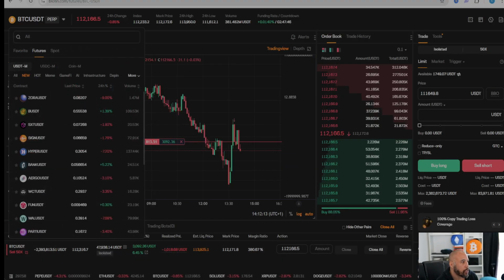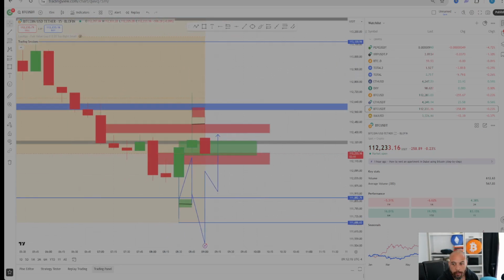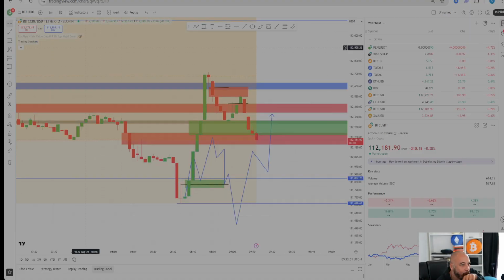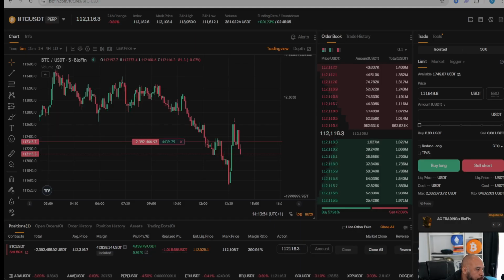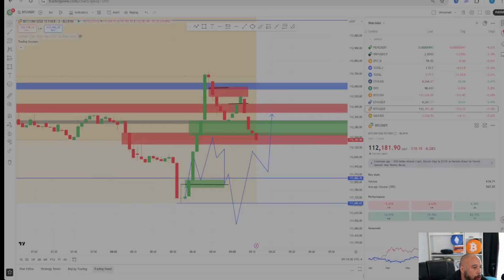Okay, we got $3,000. All right, guys, we are up $4,500 on this trade. Let's see how it reacts on this fair value gap. It might drop through. I'm going to exit the trade if it doesn't break through this fair value gap here.